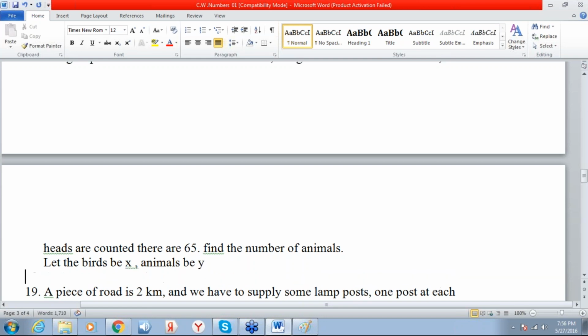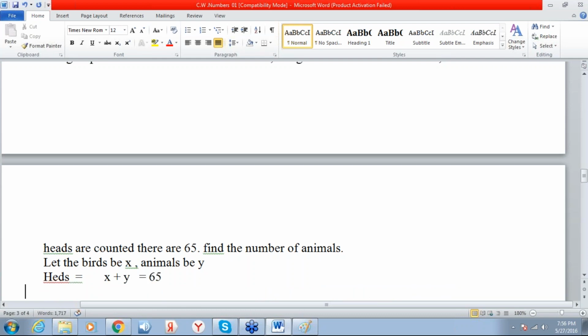According to the question, each bird or animal contains only one head, so x plus y is equal to heads, which is 65.